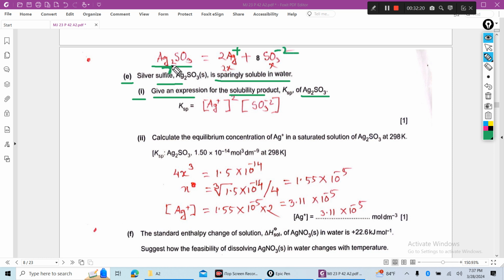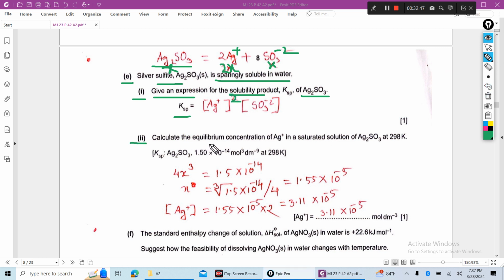If the sulfide concentration is x, then silver will be 2x, twice. So the solubility product Ksp equals the concentration of silver ion squared, because there are 2 silver ions, times the concentration of sulfide ion, with the number of moles going to the power, here 2.